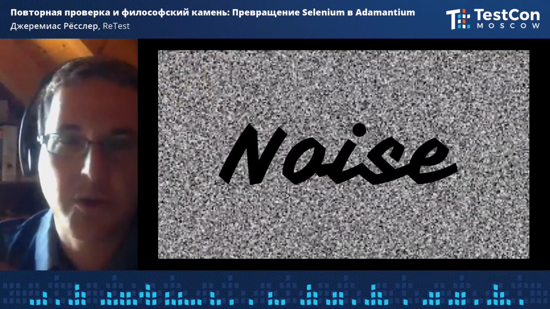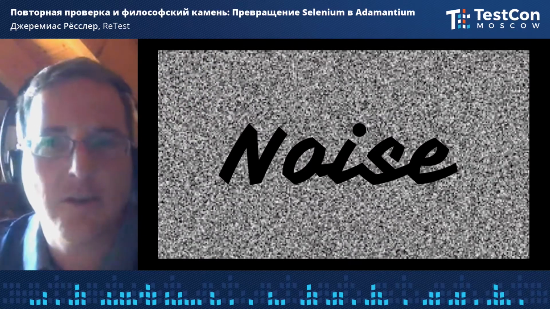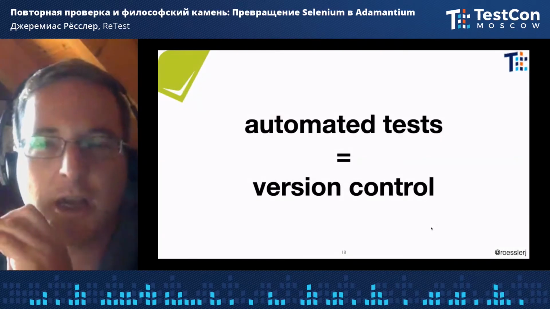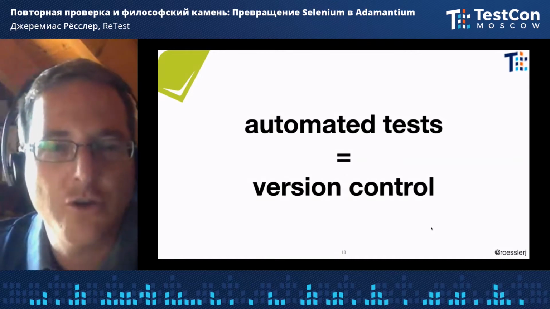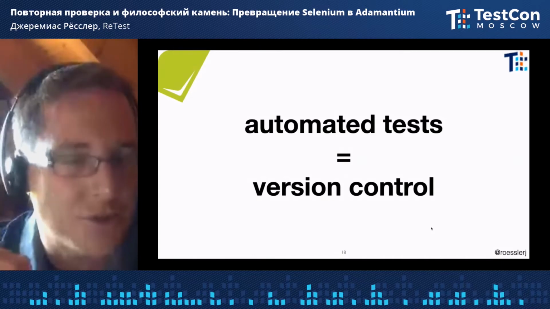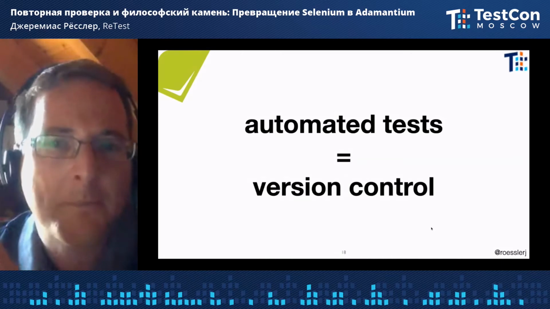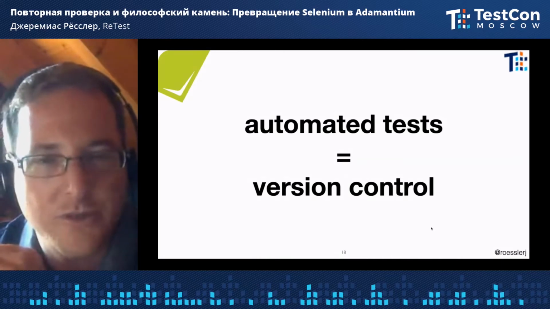So the first one is noise. What do you mean by noise? Well, the problem is that since automated tests are version control, you will be shown differences that are irrelevant for you. Maybe the build number has changed. Maybe the date has changed. Maybe other things have changed that you really don't care about. And then you don't want to see them.